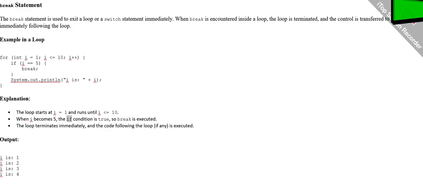When i becomes 5, the if condition is true, so break is executed. The loop terminates immediately, and the code following the loop, if any, is executed. Output: i is 1. i is 2. i is 3. i is 4.